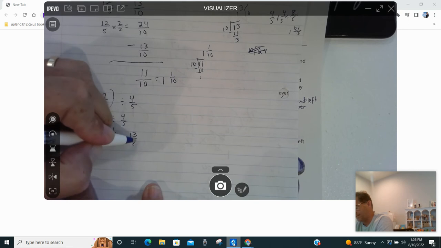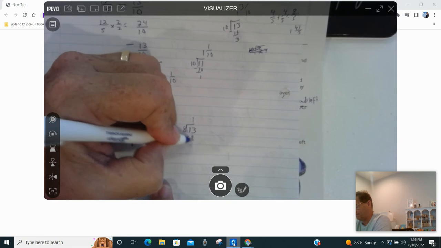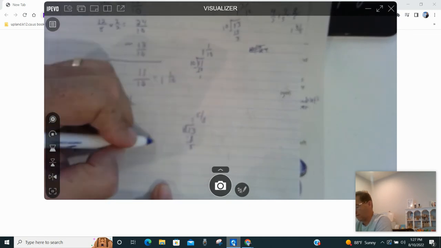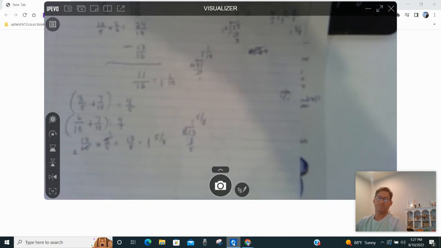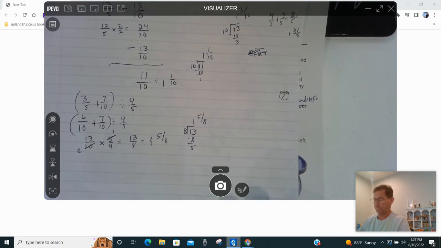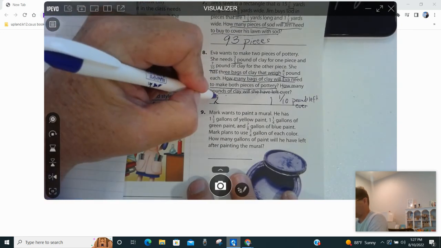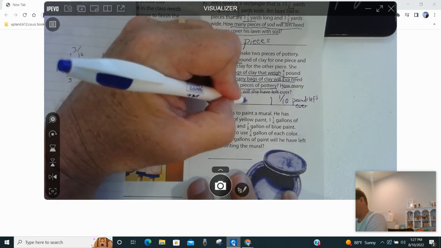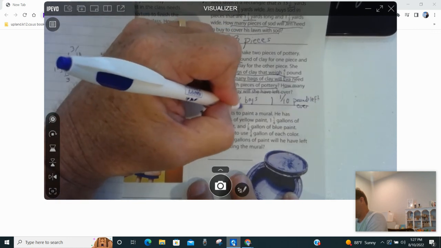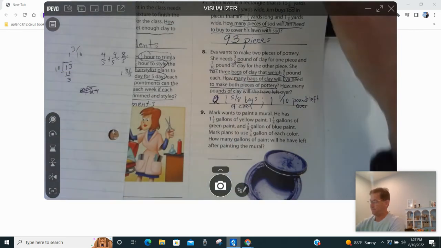So we're left with 13/8. 13 divided by 8, you'd be left with a remainder of 5, so 1 5/8. Okay, so she's going to use 1 5/8 bags of clay.